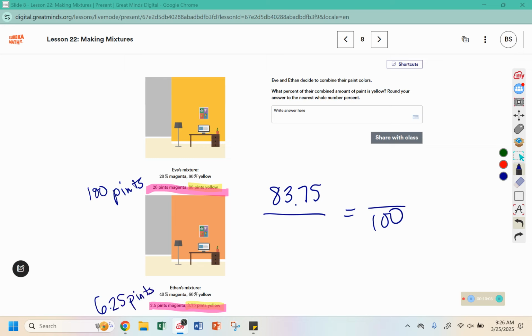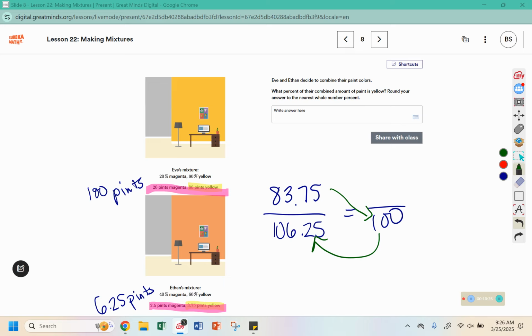So the total in their mixture would be 106.25 pints. So now we can cross multiply and divide. 83.75 times 100 divided by 106.25.